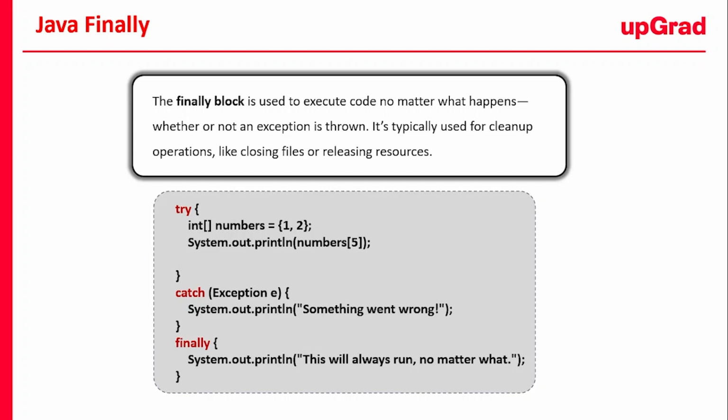It is saying this will always run no matter what, which is basically the functionality of finally. It is used for cleanup purposes, and no matter what, it will run, even if the error occurs. Even if the exception is handled, it will definitely run. And even if the error is there, it will also run.